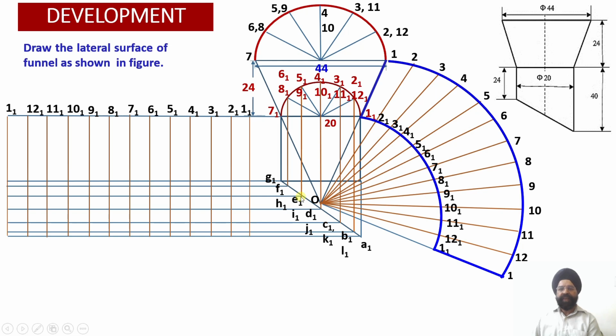Generator 5-1 will be cut at the point E1. Similarly, F1 will be on 6-1 and G1 is located on 7-1. Similarly, you have H1 located on 8-1, I1 located on 9-1, J1 located on 10-1, K1 located on 11-1 and L1 located on vertical generator 12-1.